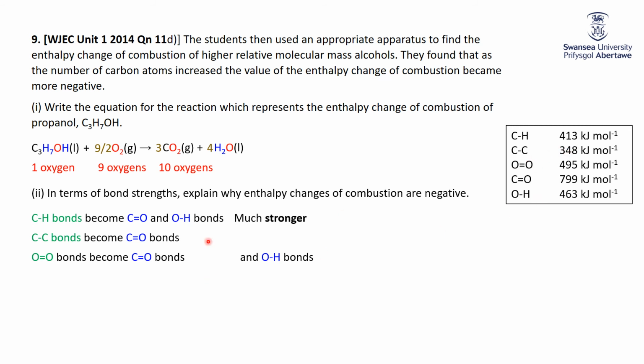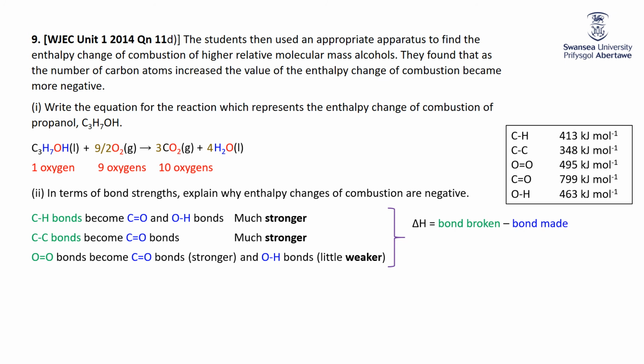CC bonds, 348, become C=O's, become 800, so more than double the strength there, so much stronger. And then O=O bonds, these are actually pretty weak in terms of double bonds, only about 500 kilojoules per mole, so they either become 700 kilojoules per mole or just a smidge less with the OH, only 32 kilojoules less. So C=O's are much stronger and OH bonds only a little bit weaker. So essentially, when you do a combustion, you're making stronger bonds.